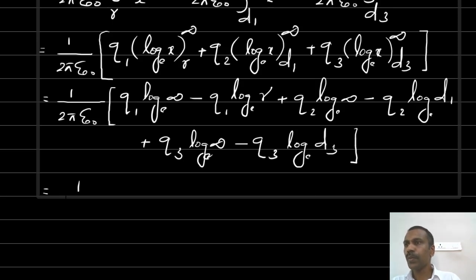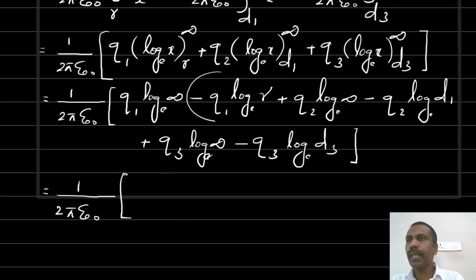This is equal to 1 by 2 pi epsilon 0 into, this minus Q1 log r can be written as Q1 into log 1 by r.